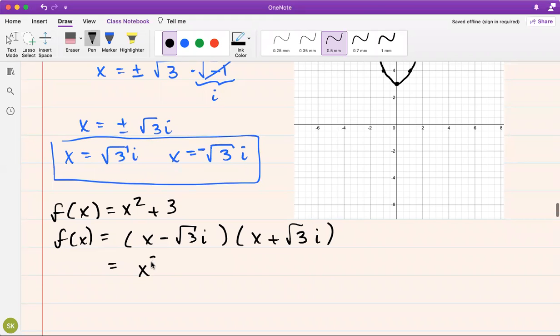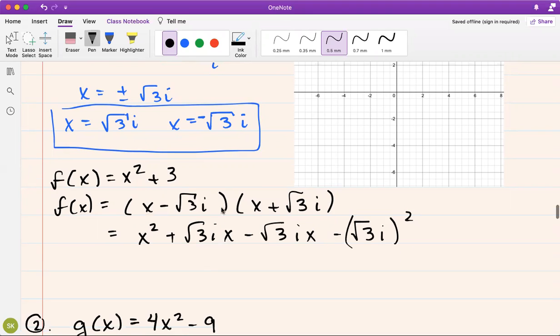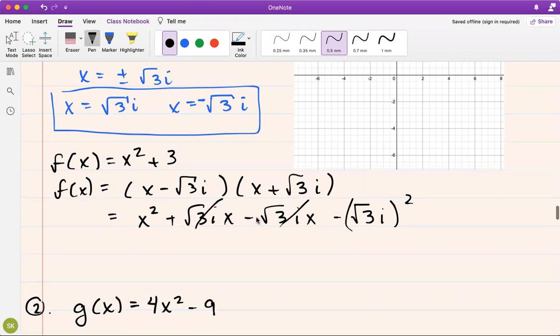You get x squared plus square root 3i x minus square root 3i x. I'm just FOILing. Minus square root 3i squared. This one times this one, this one times this one, and so on. These 2 cancel out because I have a positive and a negative.